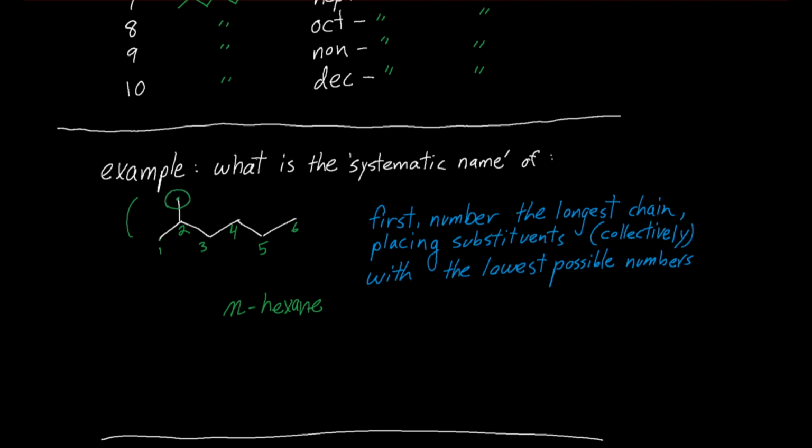That is a carbon there on the end in the line structure way of doing it. And that methyl group is at carbon 2 of the N-hexane. So it's 2-methyl N-hexane.